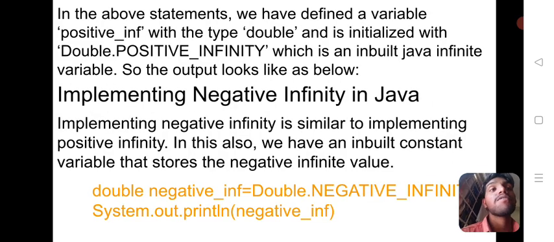The above statement defines a variable positive infinity of type double initialized with Double.POSITIVE_INFINITY.